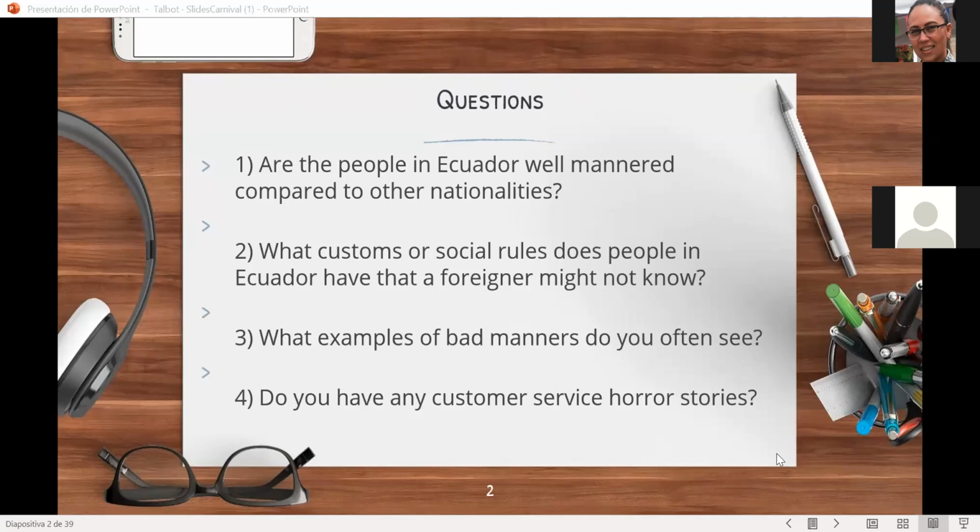Okay, Diani, please help us. Once in a restaurant, I asked the waitress to help me with a little salt, but she ignored it.